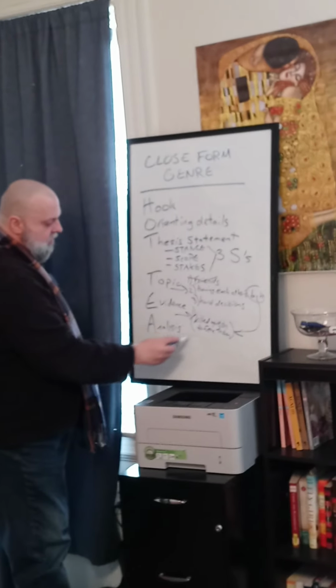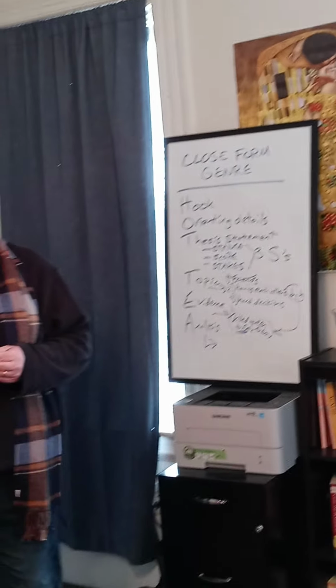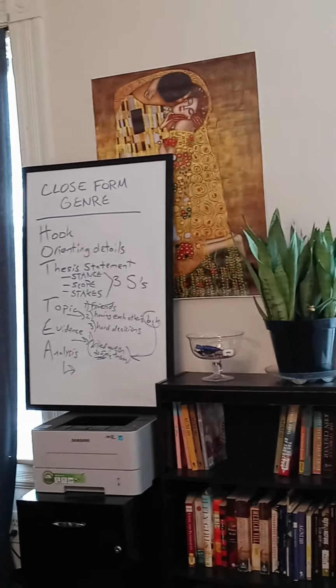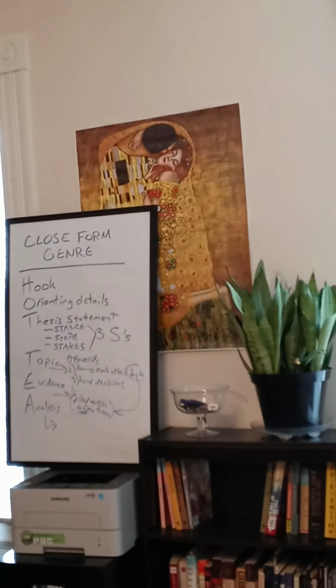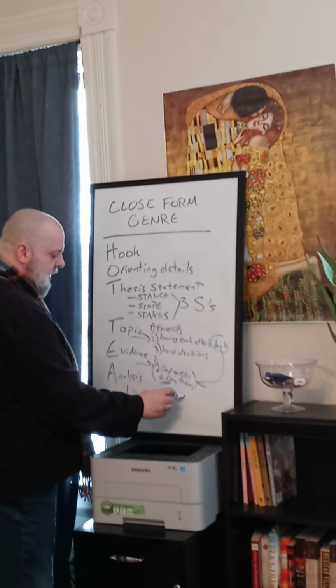What's the analysis? What does this show? If we go back to our thesis statement, the stakes are that having friends keeps people from being alone, and they help you make hard decisions. So somebody was captured in a jail alone. Well, all of them were captured, and they were alone, but they worked together.